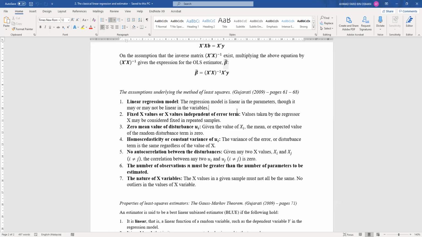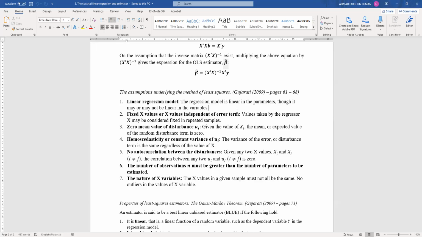When x1 increases from 1 to 2, and when x1 increases from 2 to 3, it will give the same effect on y. It doesn't matter what value x increases from and to. That's what we call linear in parameters.